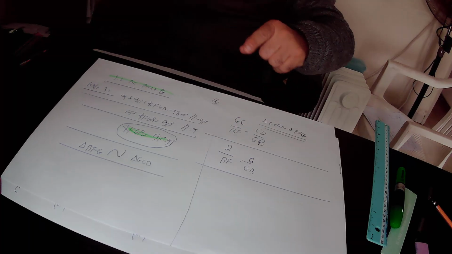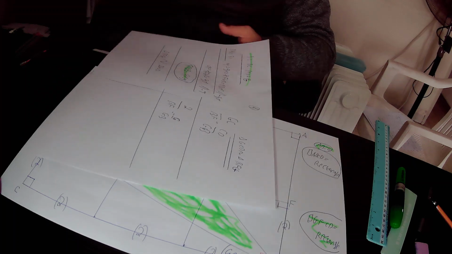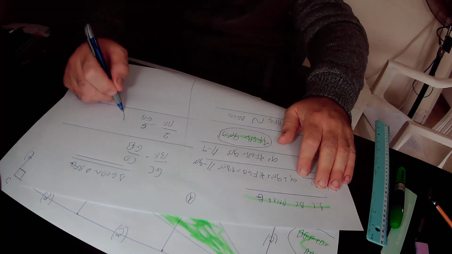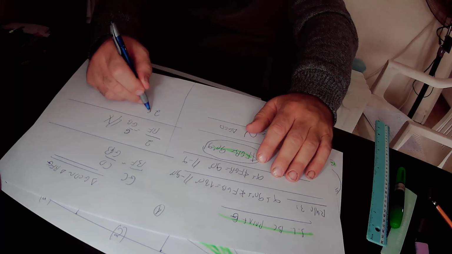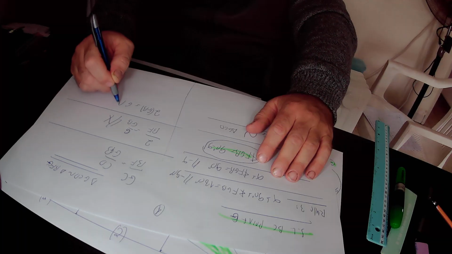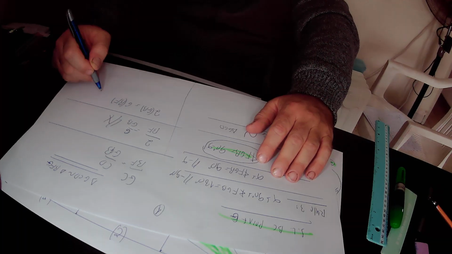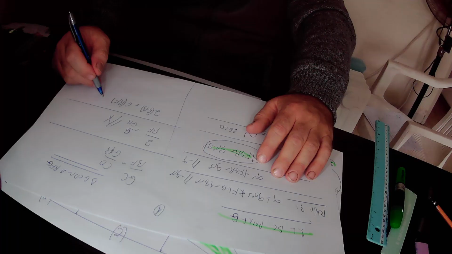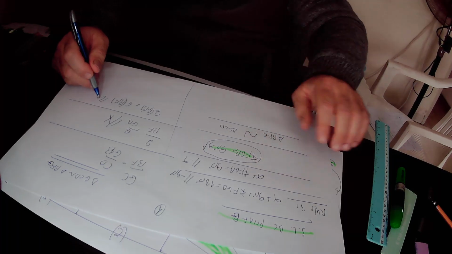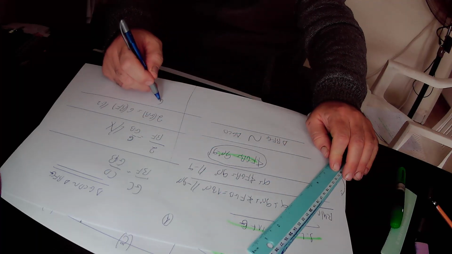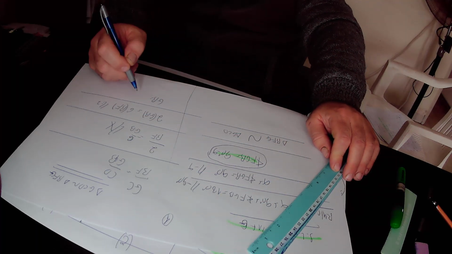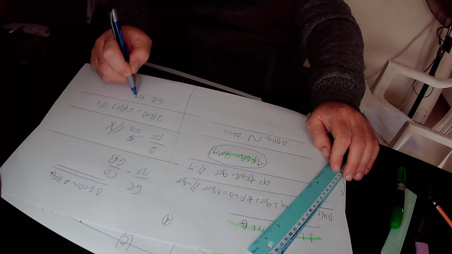Here we will first cross multiply this equation, and we get that 2 times GB equals 6 times BF. Here we will divide this equation by 2. And finally we get that GB equals 3 times BF.